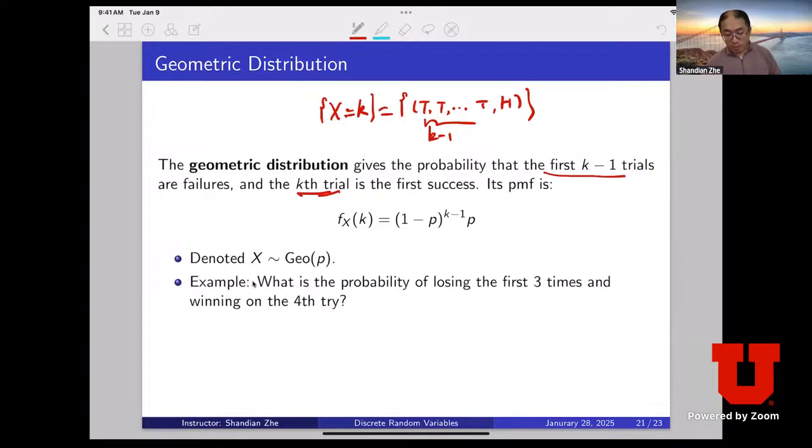And then what's the probability, or what's the PMF at k?